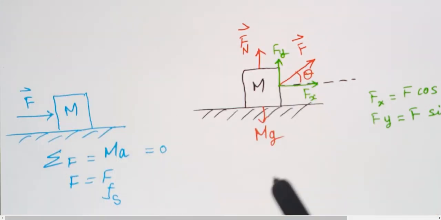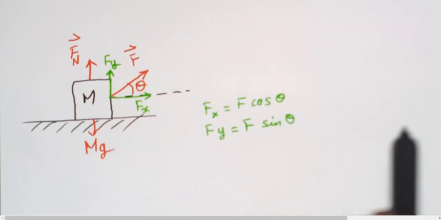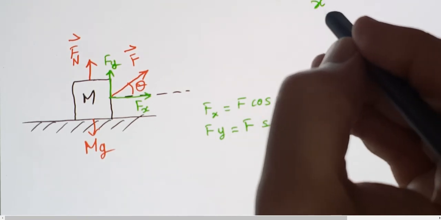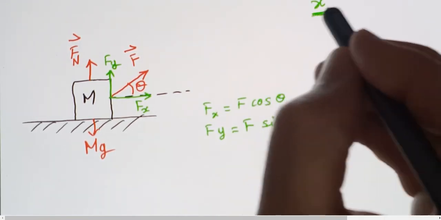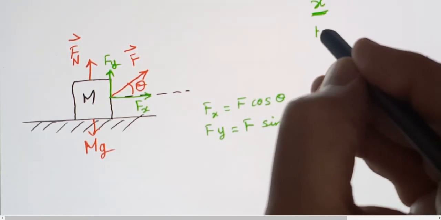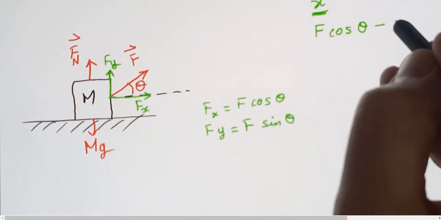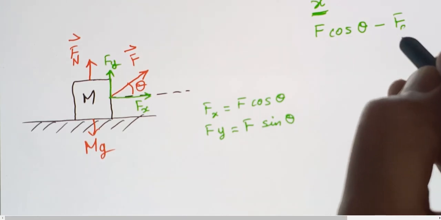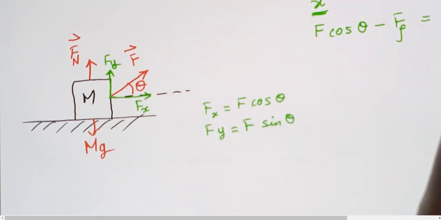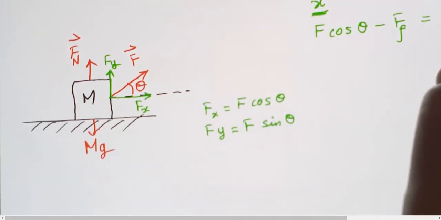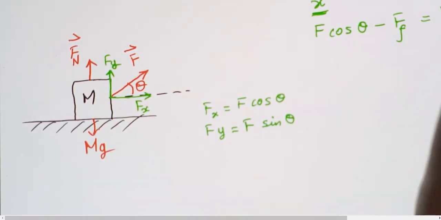So let's write our equations in the x-axis. We have F cosine theta minus the force of friction is equal, net force is equal to MA.